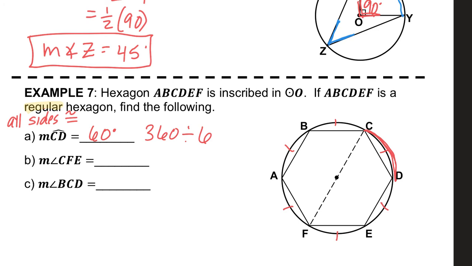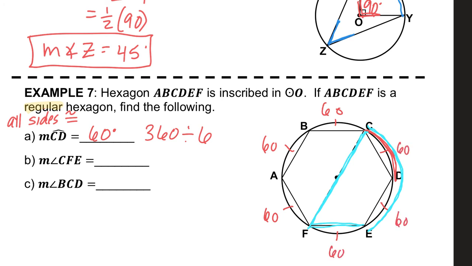Next, we're going to be looking for the measurement of angle CFE. So CFE goes from C down to F over to E. So we're looking at an inscribed angle. We know this inscribed angle is going to be half of the intercepted arc. And we need to remember that we already talked about all of these little arcs here. All 6 of them are 60 degrees.